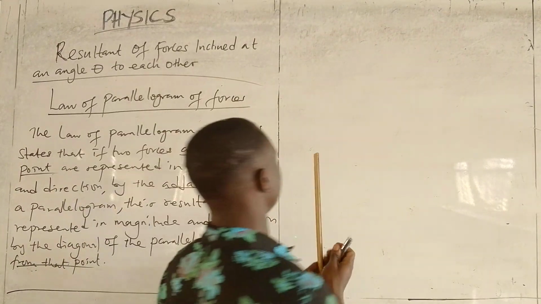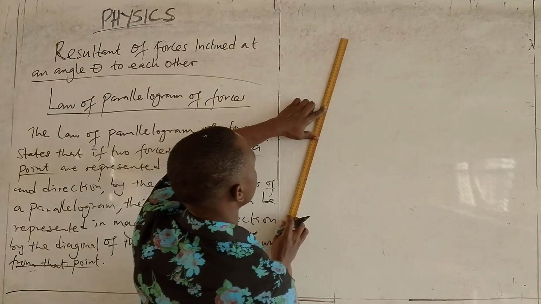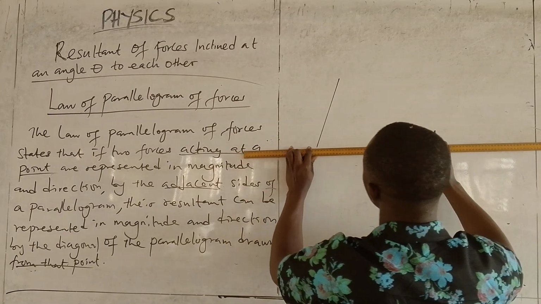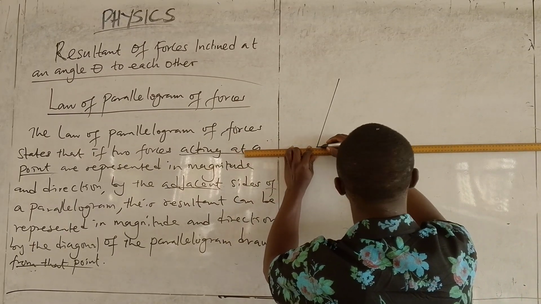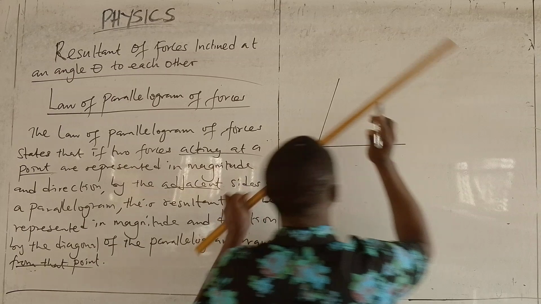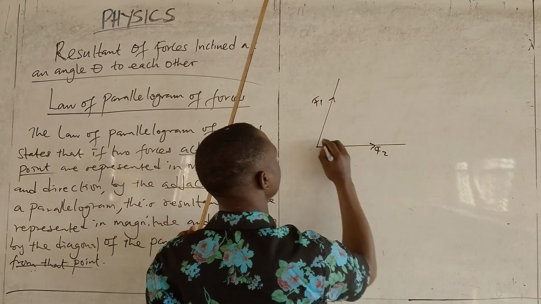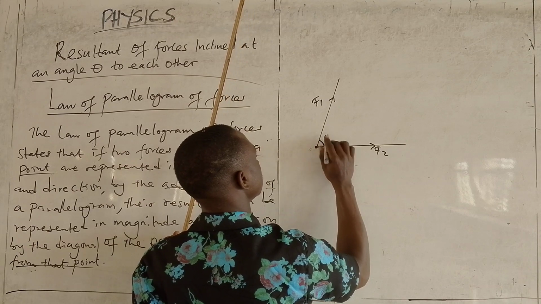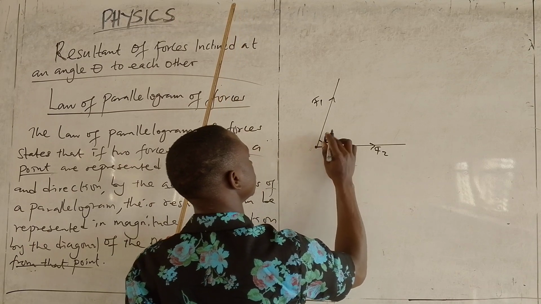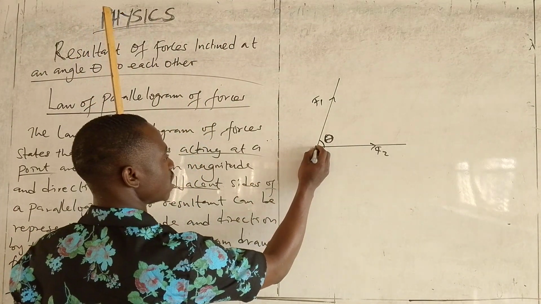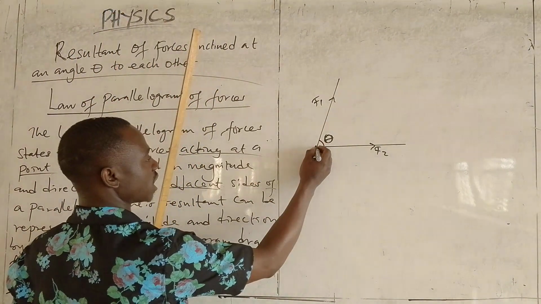So let me give you an example. If this is the first force, this is the second force. This is F1, this is F2, and this angle is theta, the angle between them. These two forces are acting at this point O. There's a particle here.